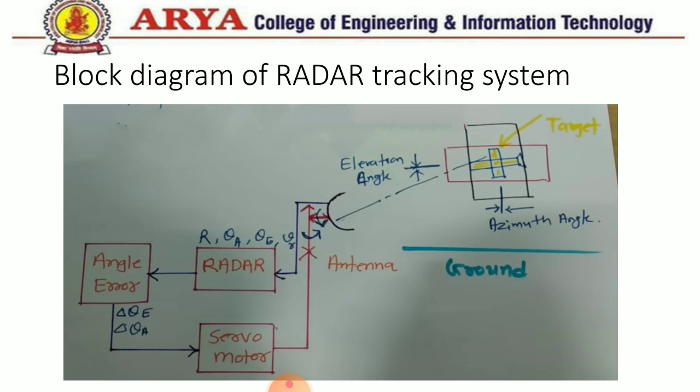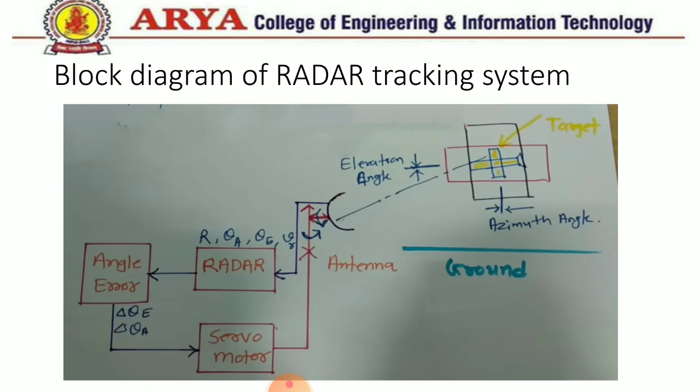The radar system is calculating three things: range, azimuth angle theta a, elevation angle theta e, and velocity of the object vr. Ultimately these are the parameters calculated by the radar.